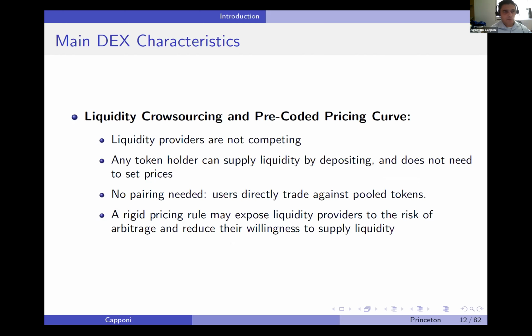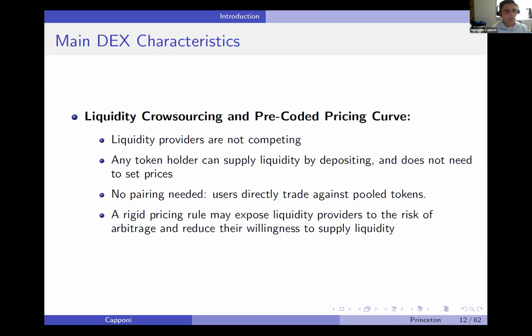There is this crowdsourcing of liquidity, in the sense that all liquidity is pooled together, and the pricing function is not set up optimally through limit orders as the market makers do. Rather, you have this pre-specified pricing function, and the prices are determined based on transactions. So depending on how much trade there is, there will be price impact, and as a result, you will slide towards other points of the curve.